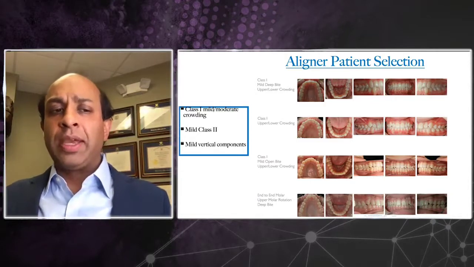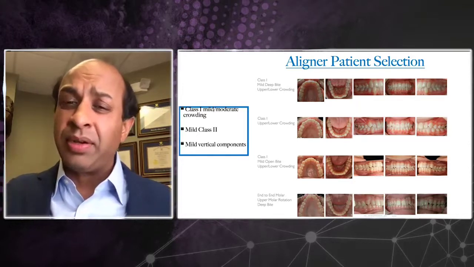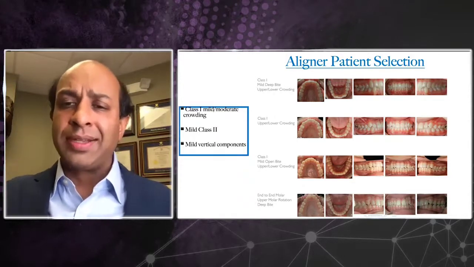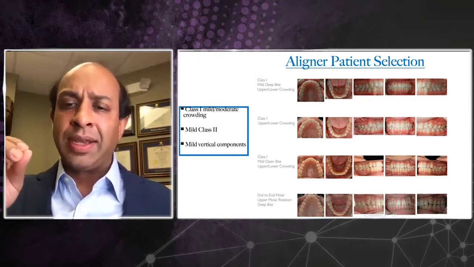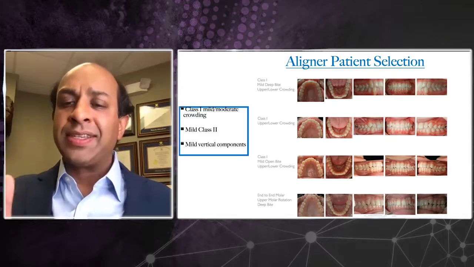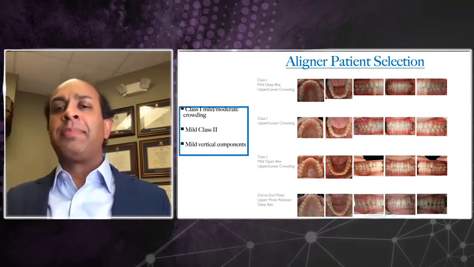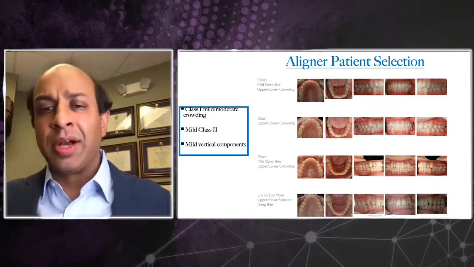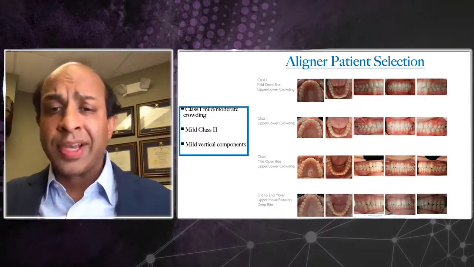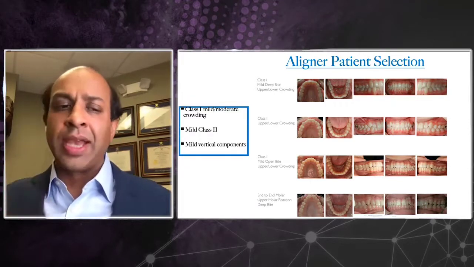So generally speaking, class 1 cases, mesiobuccal cusp of the maxillary molar engaging with the mesiobuccal groove of the lower, and subsequent to that, the premolars and the canines being in a class 1 position, those are the perfect cases to start looking at, especially if there is mild to moderate crowding with no attachment loss, whether it be visible recession or horizontal bone loss or vertical defects. These are the patients that we should be looking to help.